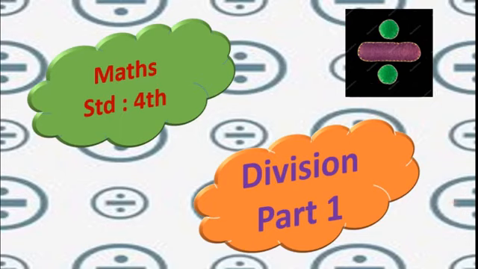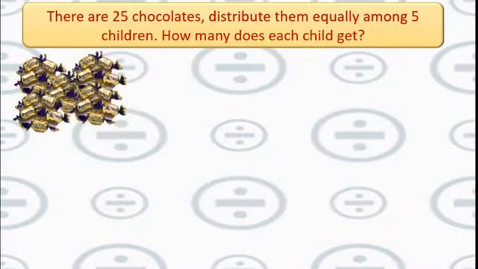Students, we will take a quick recap of last year's portion, that is of standard 3rd, and then we will move to today's portion, means standard 4th portion. Okay? There is a sum. First we will read the sum, then we will understand, and then we will solve.